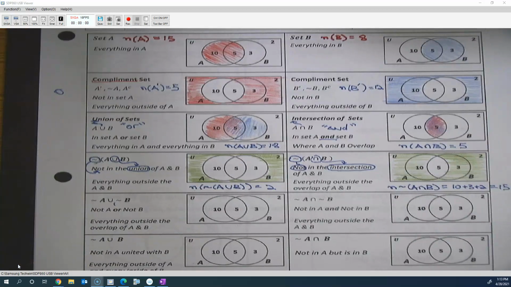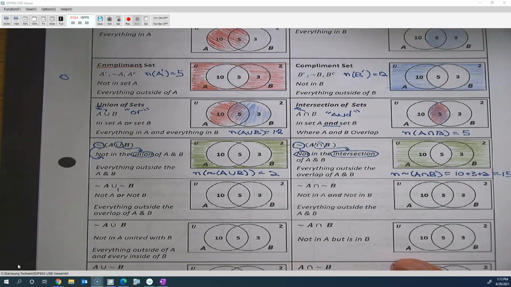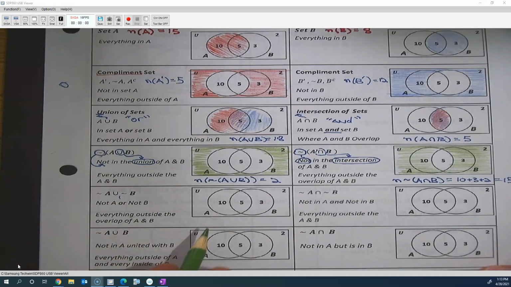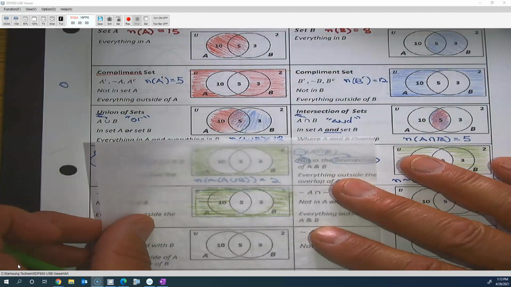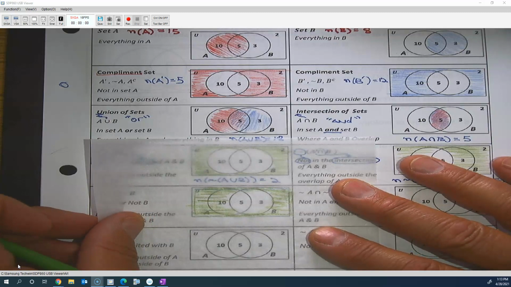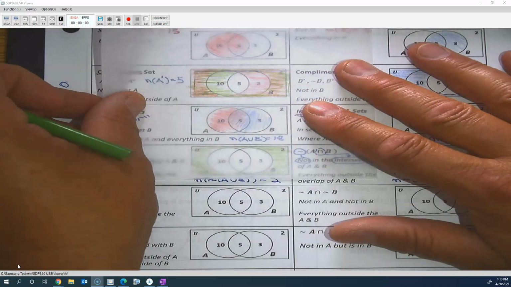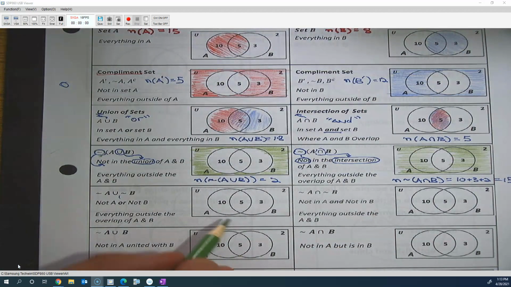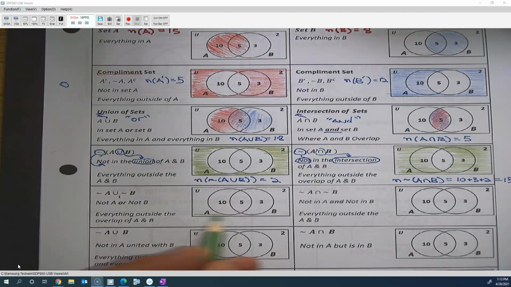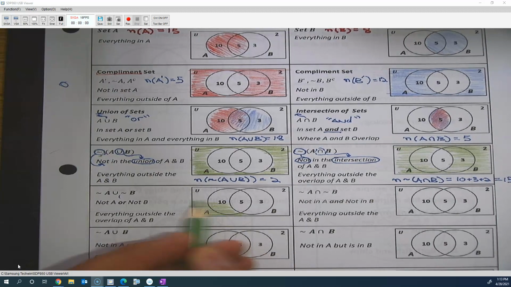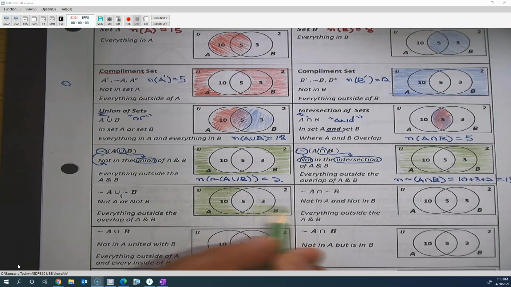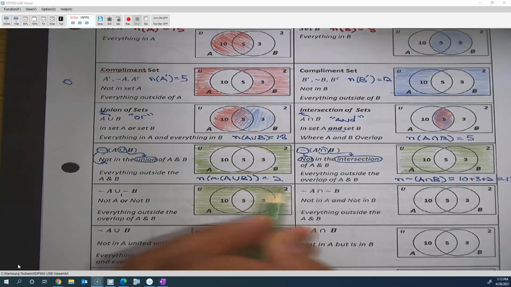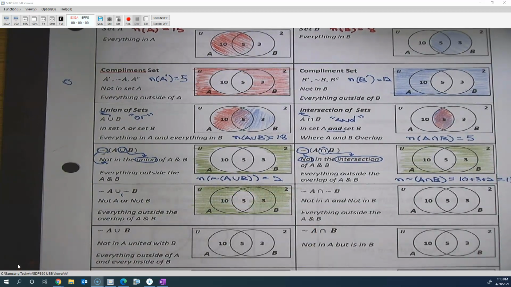Yeah, it's the same as the last one, which is an important little conclusion. So I'll show you. This guy is going to end up looking like this. Everything except for the intersection. All right. Numbers are the same.